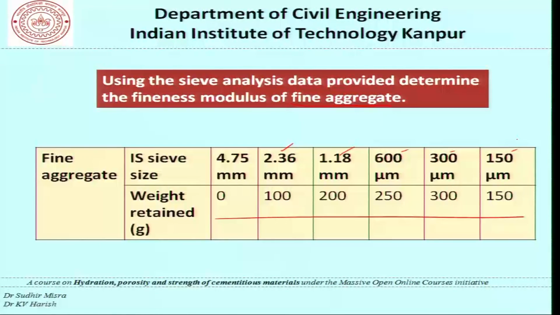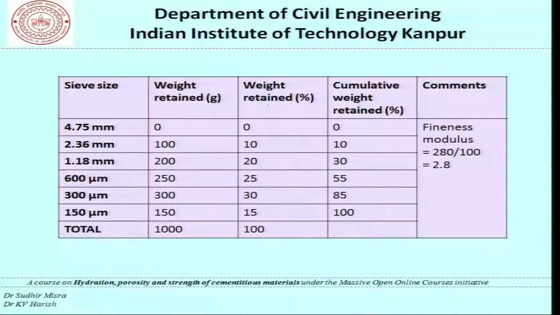Using this data, you are required to calculate the fineness modulus. Now, this table shows how this calculation has to be carried out. We know already the weight retained, and then we go to the percentages of that and convert that to cumulative weight retained and determine the fineness modulus based on this total here.